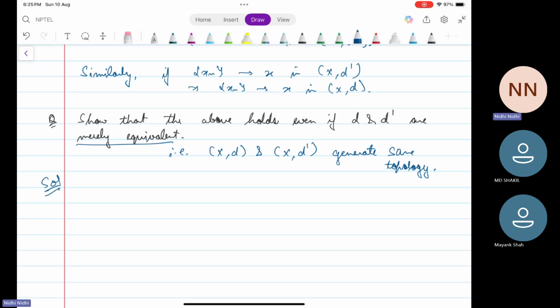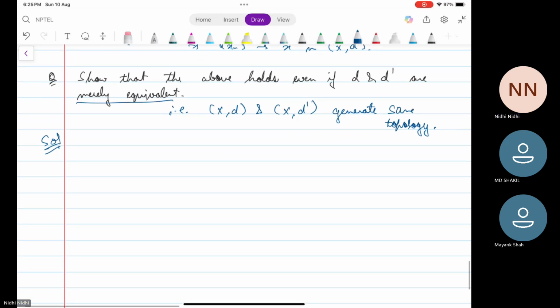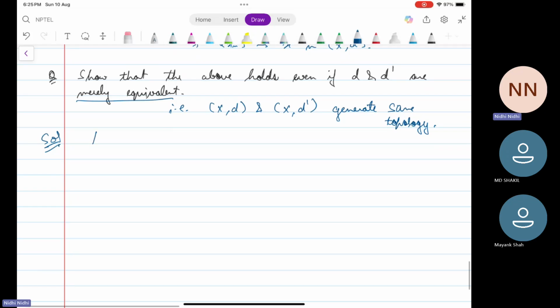So now we'll try to convert our definition of convergence in terms of open balls instead of just the distance, because we know that open balls in both the spaces are the same. Let x_n converge to x, x fixed.